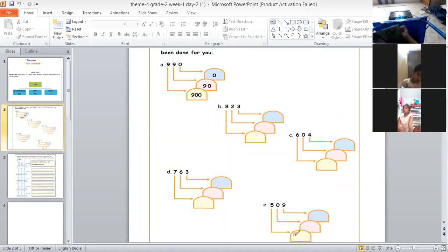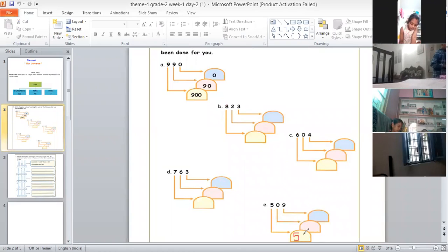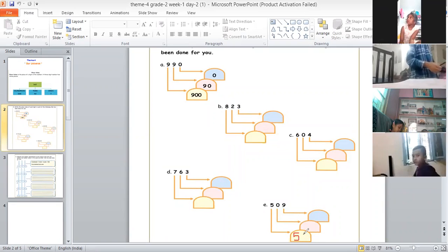Yes, 5 is in hundreds place, so we will put 2 zeros after that. So this will be 500.